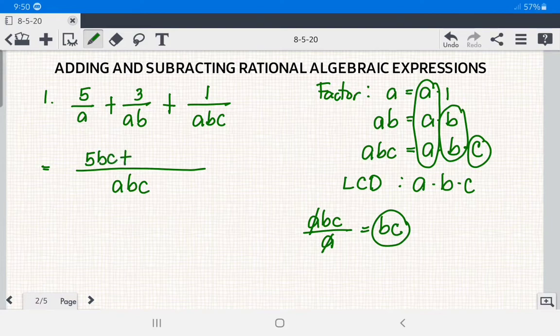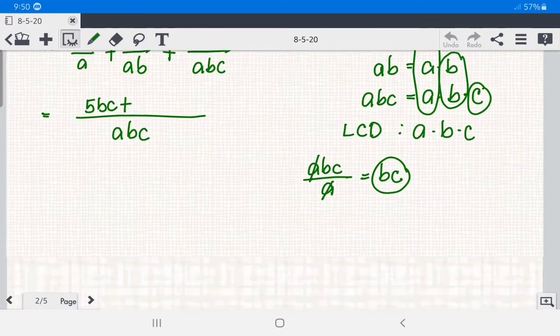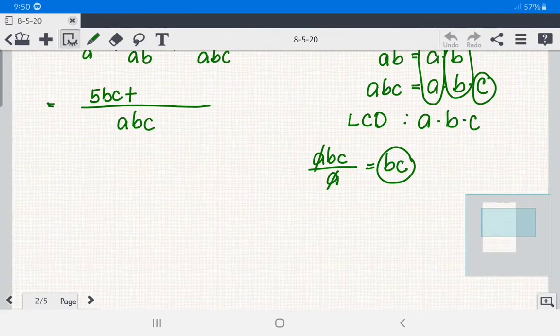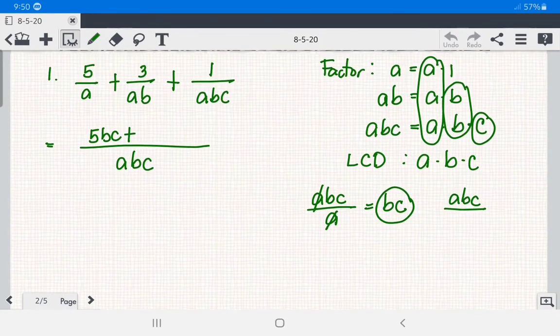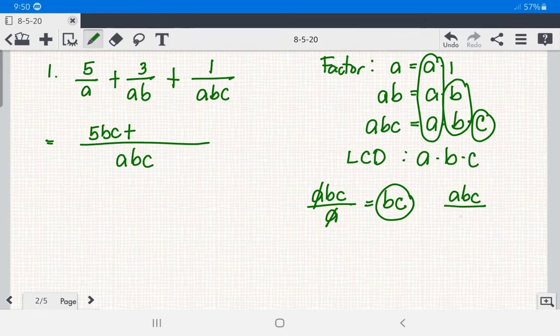Then, plus this one, abc divided by ab. So, we're going to cancel a, then also b. So, we have only c.